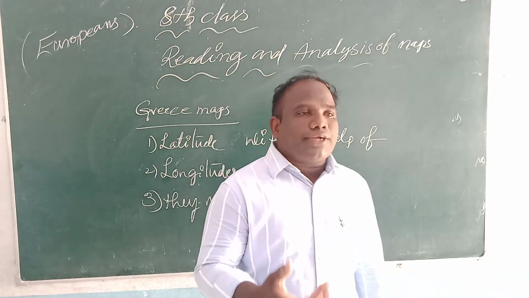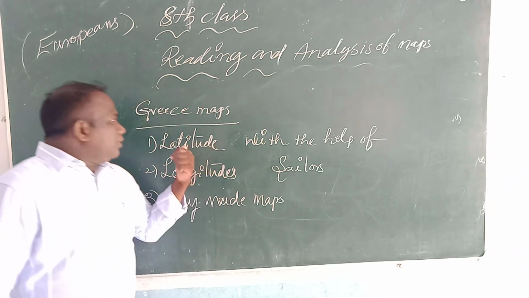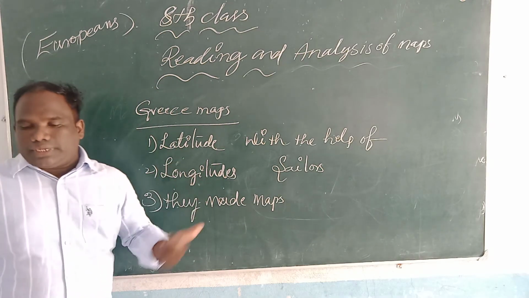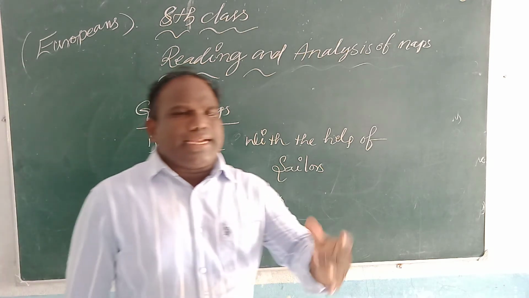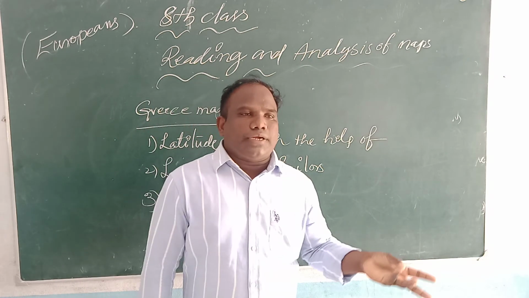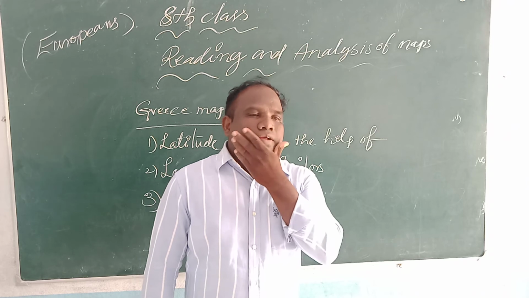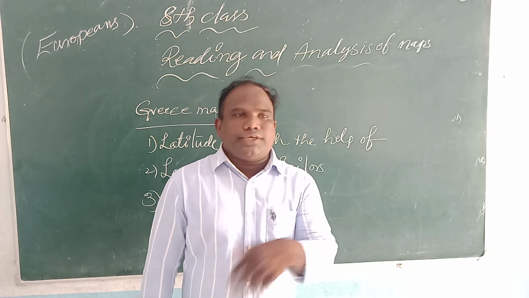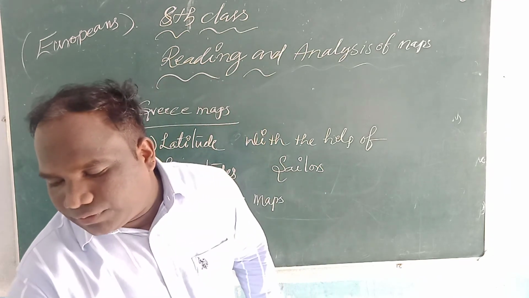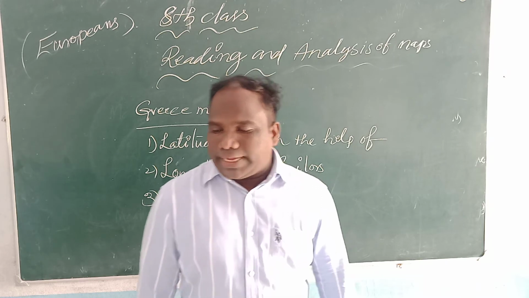So the Greeks tried to make maps accurate with the help of latitudes and longitudes. The maps were made to help the sailors.